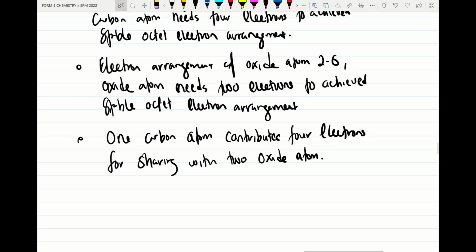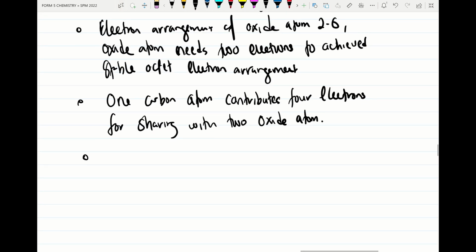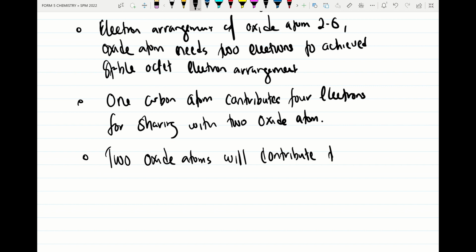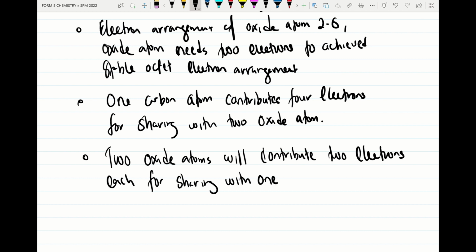All right, so next, oxide atom. Each oxide atom, or two oxide atoms, will contribute two electrons. We put this word each. Each for what? For sharing with one carbon atom.